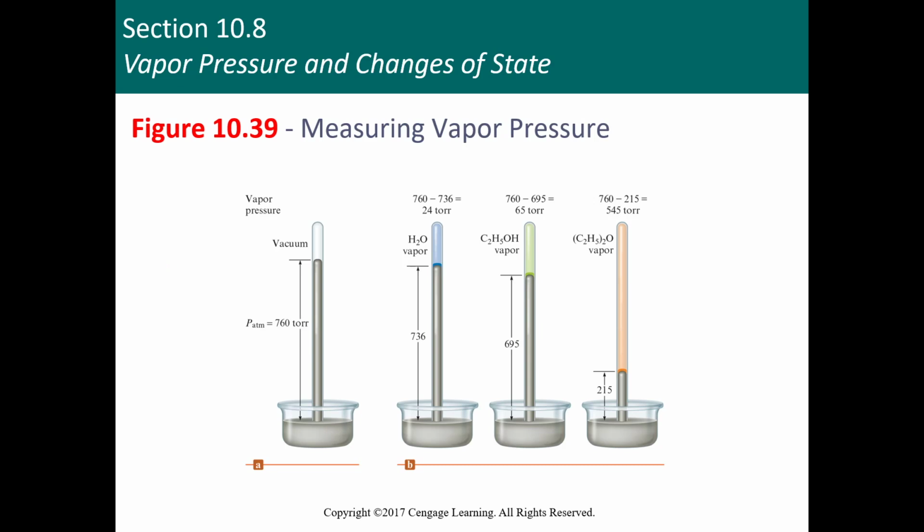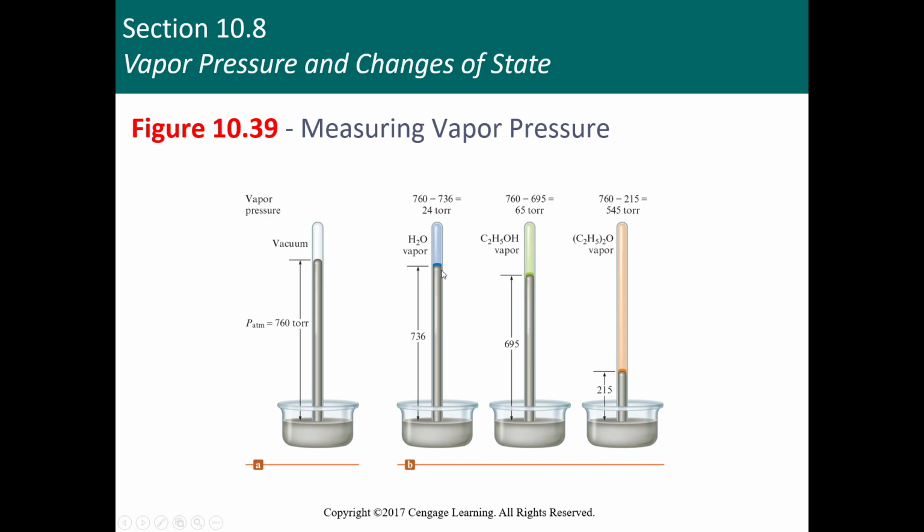Right, here's an example. And so here we have the vacuum up here. And so this column right here is just directly telling you the atmospheric pressure, the standard atmospheric pressure being 760 torr. This right here, we have H2O. And so the vapor pressure causes this column to go down.